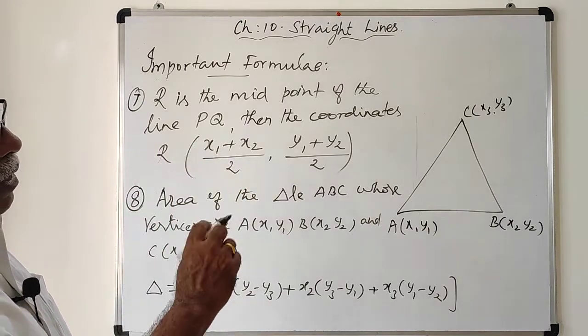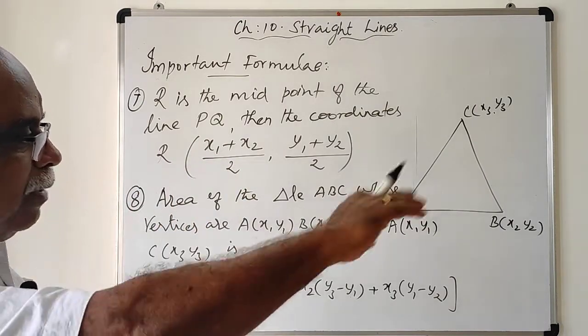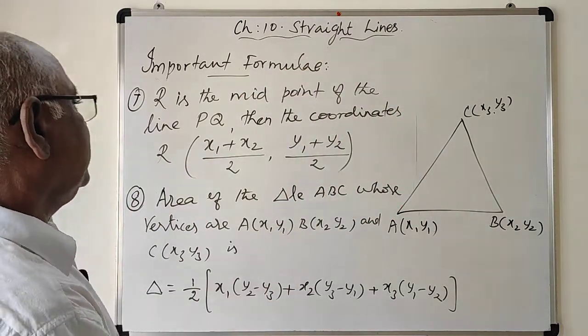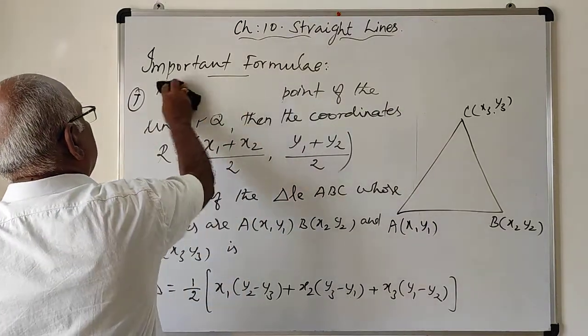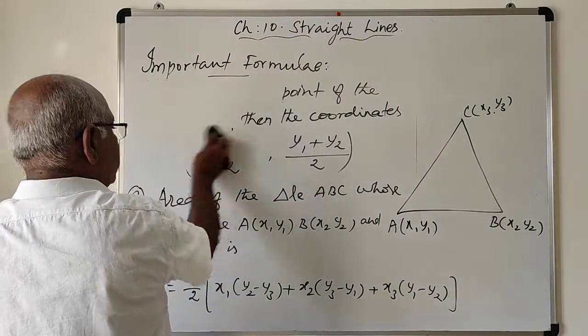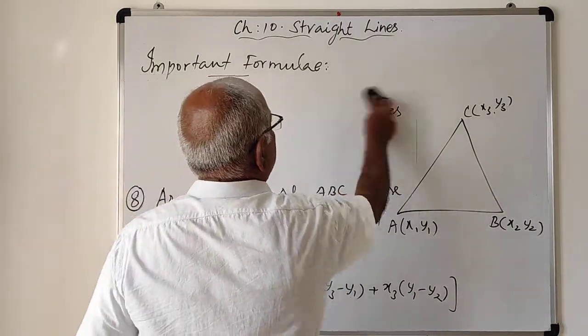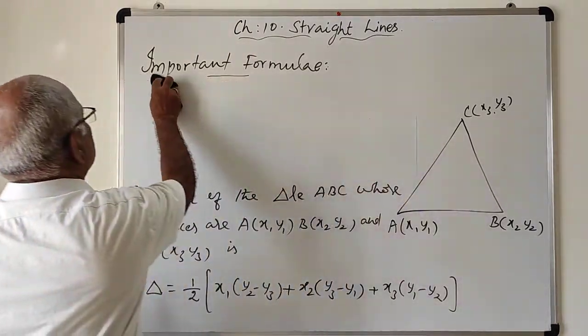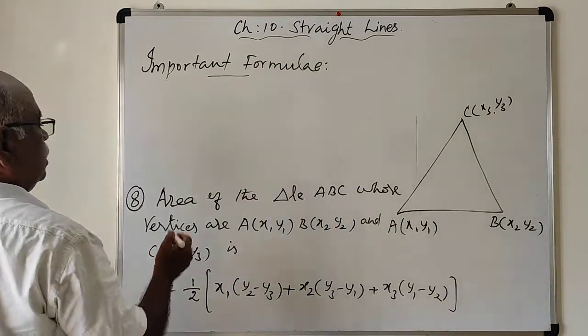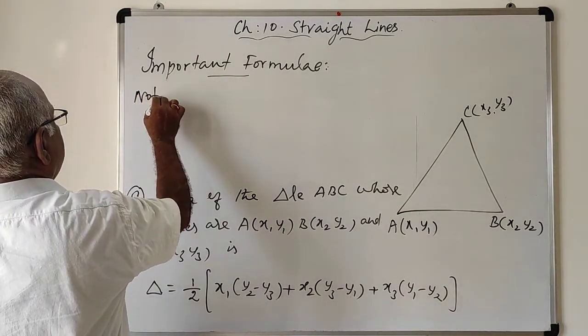Suppose the 3 points lie on the same line. That is another condition. Suppose the 3 points are lying on the same line, that is, the triangle cannot be formed. If the 3 points are collinear, that is a note for the result 8.